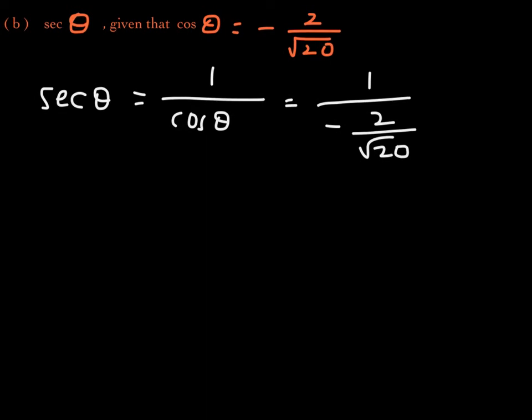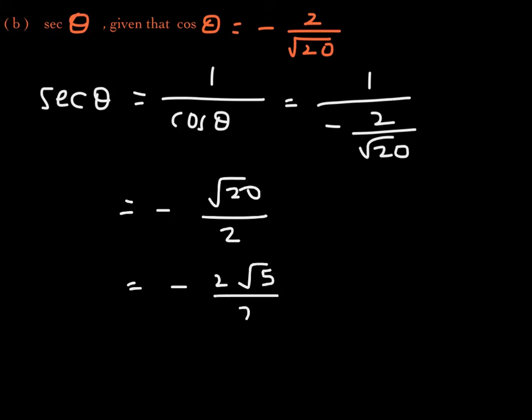So then this is equal to negative, and this just turns out to be root 20 over 2. Now let's continue simplifying. Root 20 is 2 root 5, over 2. And then we know that these 2's divide out, leaving you with a final answer of negative root 5. Good job.